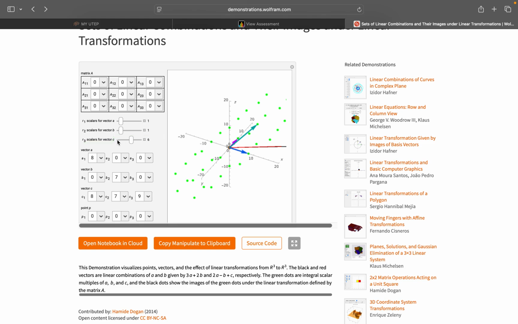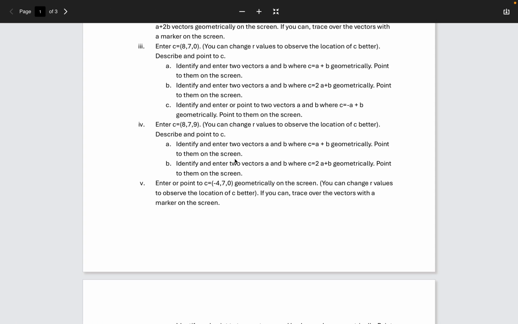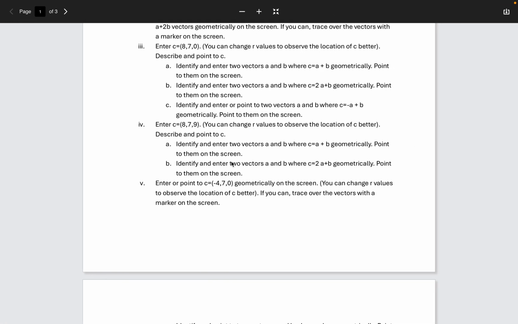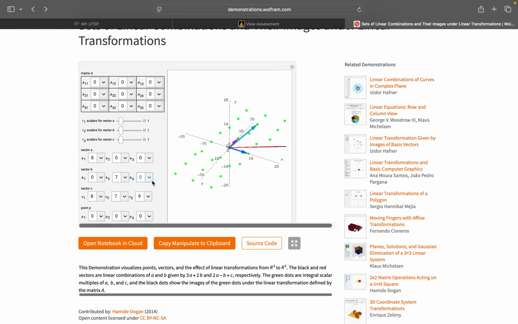Oh, sorry. 7 and 9, and so we can change the scalar for c. We would do this 4 times 1. That way we can see c ends up right here. And two vectors, c plus a, where they point on screen. So we can say that either this one to be 9 also.